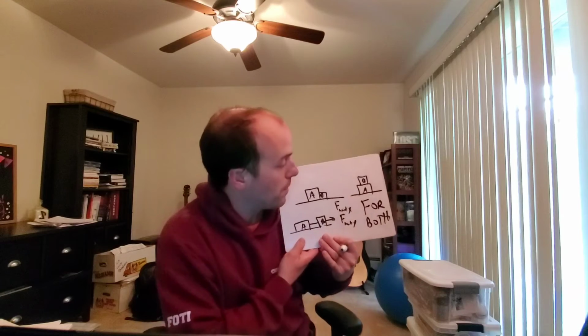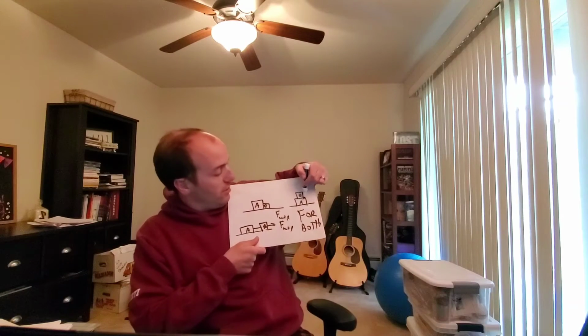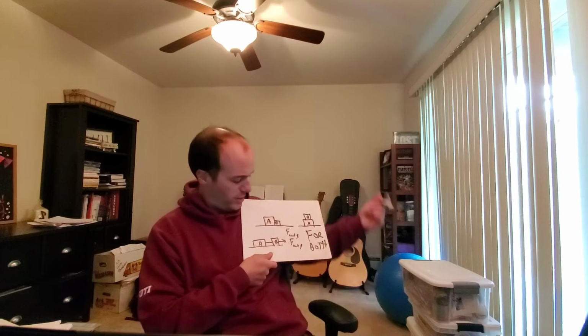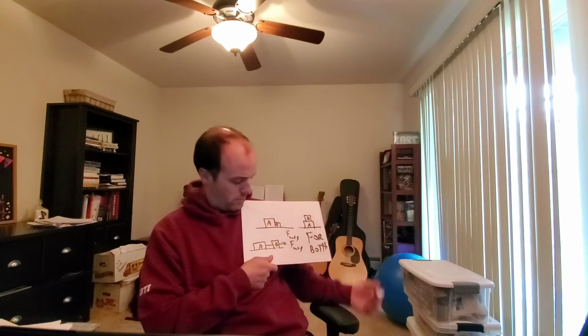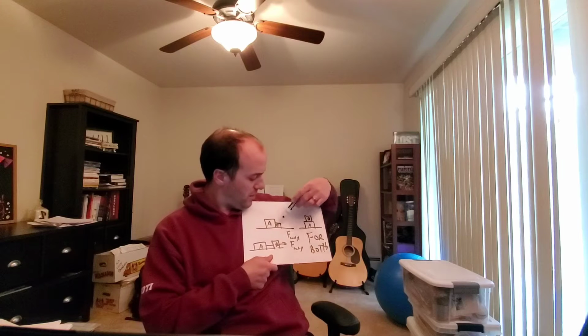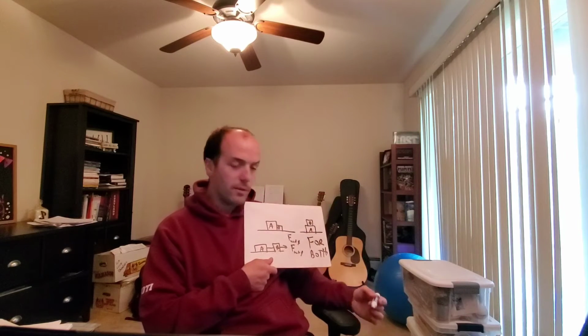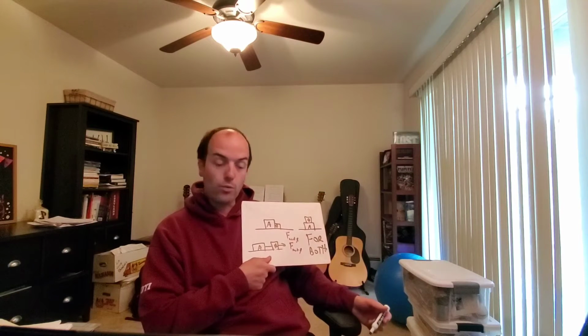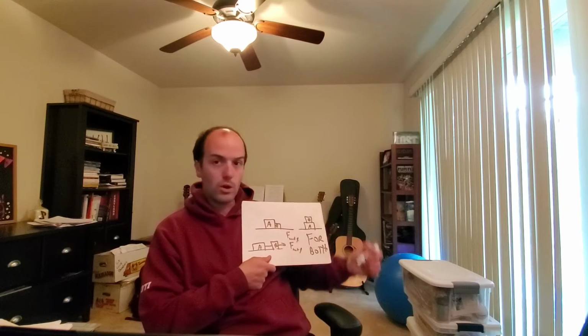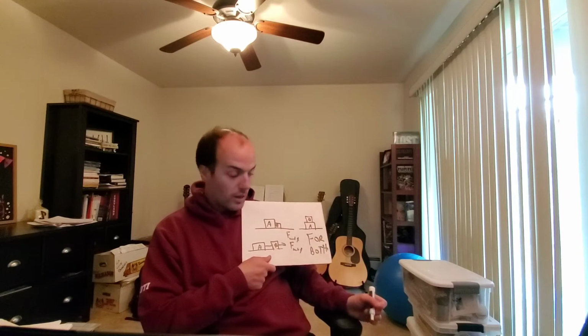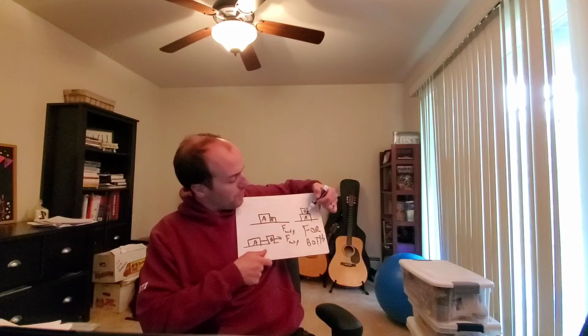The acceleration for all of these systems will most likely be the same, right? Especially if this string is taut. The acceleration of this is going to be the same. The acceleration of this is going to be the same. But how you write the forces for each object will be different. For example, let's take this one, right?